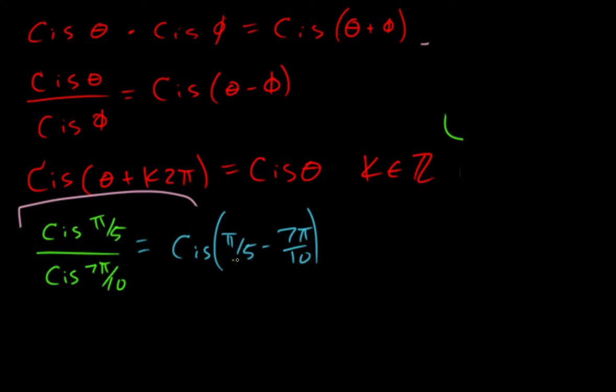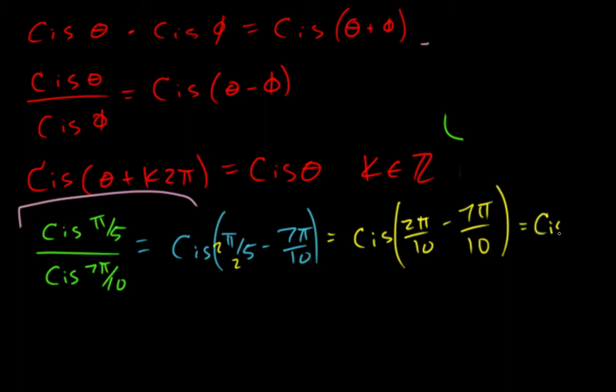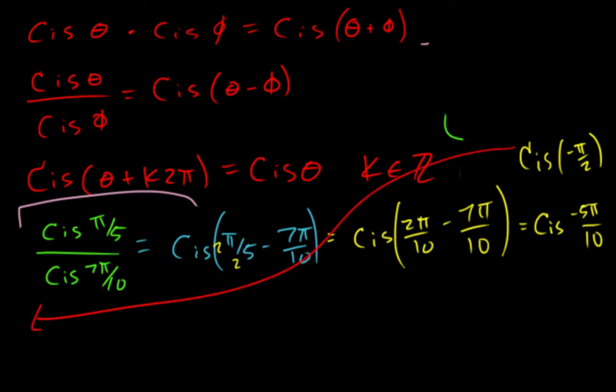With common denominators, we get cis of 2 pi tenths minus 7 pi tenths. So that's cis of negative 5 pi tenths, which is cis of negative pi halves.